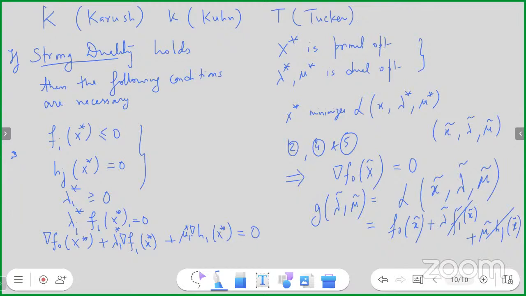You have a question? If x tilde minimizes L, how do you do that? Because gradient is 0. All of these are nice convex functions, differentiable convex functions. So differentiability is there.